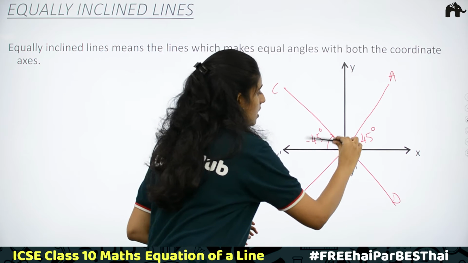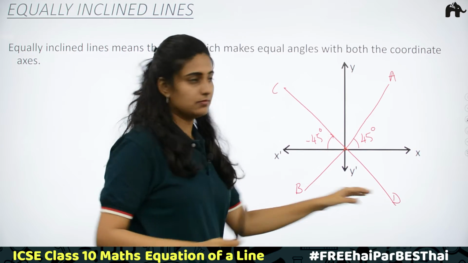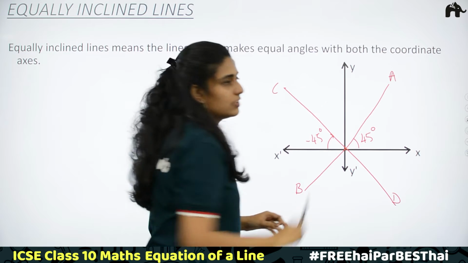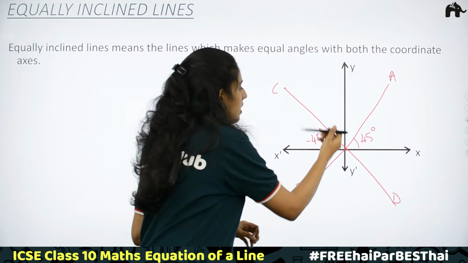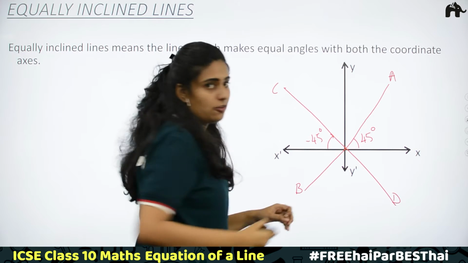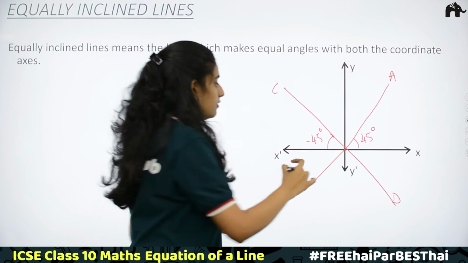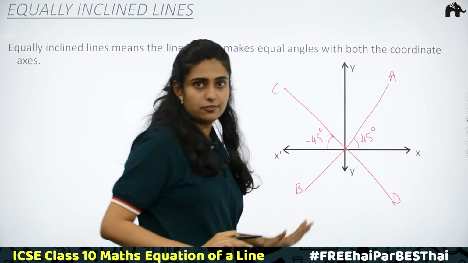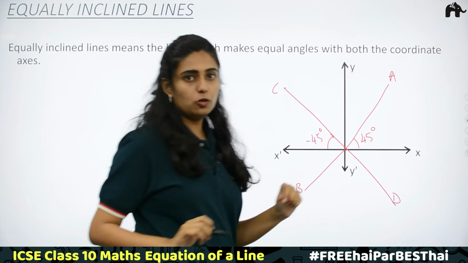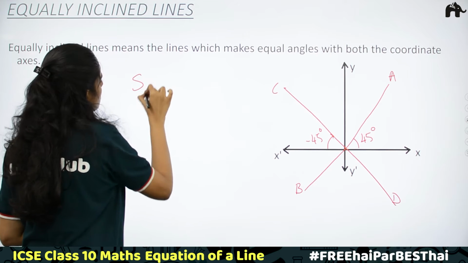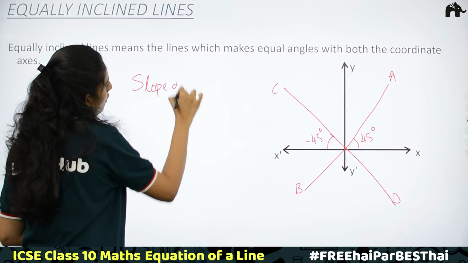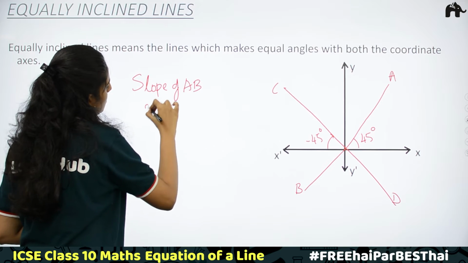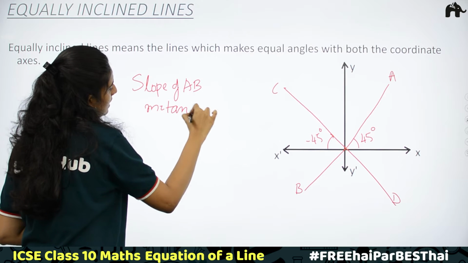Here we are measuring from the left side of the line. This is from the right side of the line. Yes. Here we are measuring with respect to the left side of the x-axis. Therefore, our angle should be minus 45 degree. Now, what is the slope in each case? Slope of AB, m is equal to tan theta.